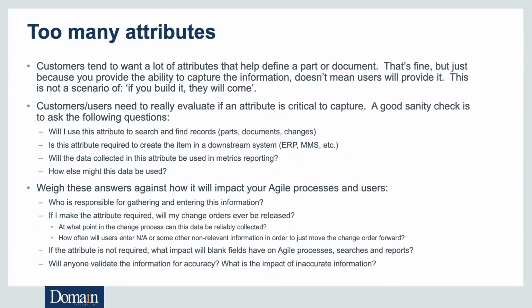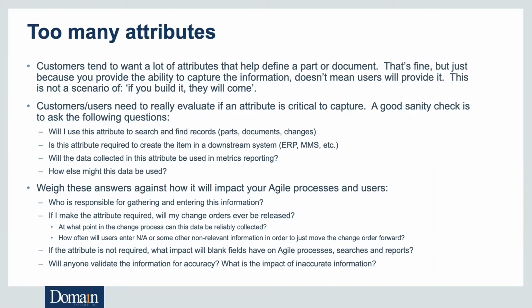The first one here is customers want to capture everything about the item or part or record, whatever it is. And the key thing you need to remember is don't get carried away and realize that if you put the attribute on that record, it doesn't necessarily mean that somebody's going to populate it, right?